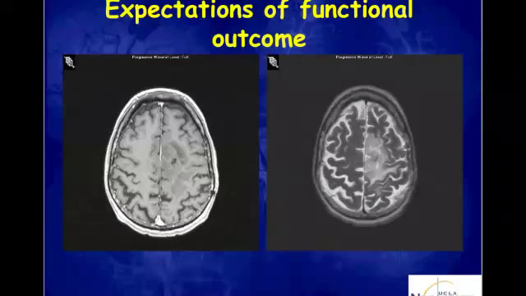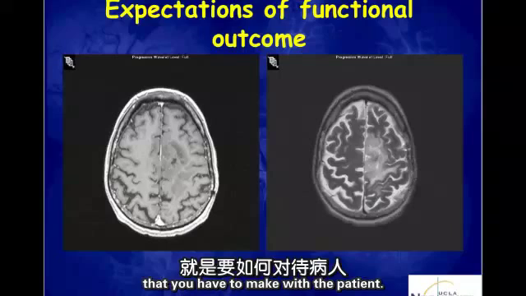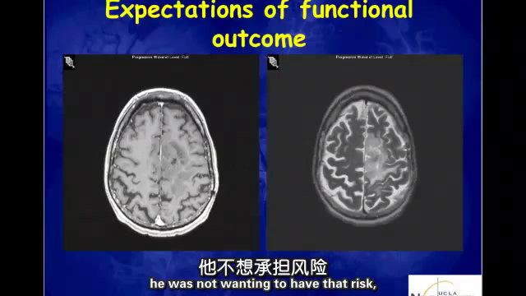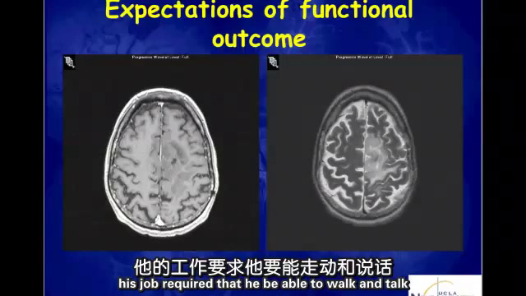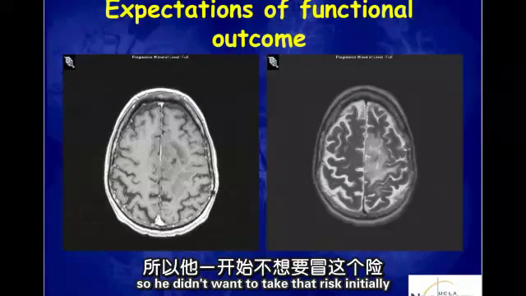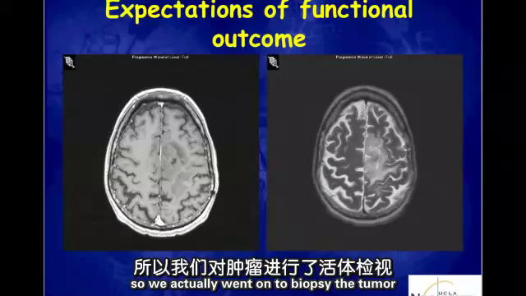But obviously that's a consideration and a discussion that you have to make with the patient. For this particular patient, he was not wanting to have that risk. His job required that he be able to walk and talk. So he didn't want to take that risk initially, so we actually went on to biopsy just the tumor.